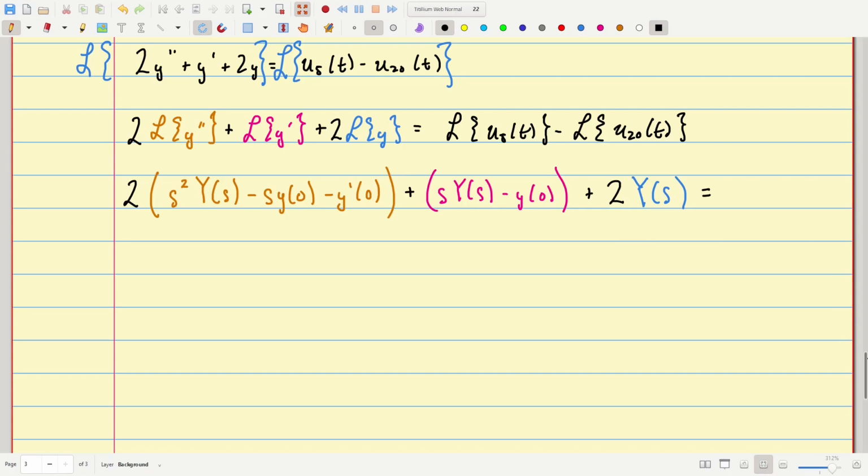And then on the right-hand side, this is going to be e to the minus 5s over s minus e to the minus 20s over s.